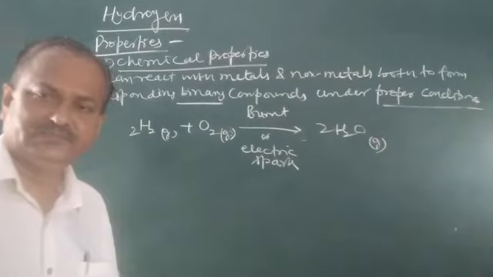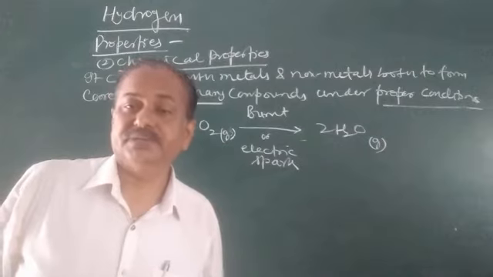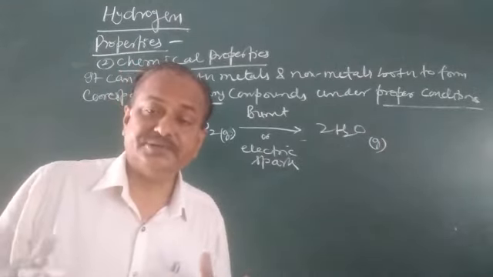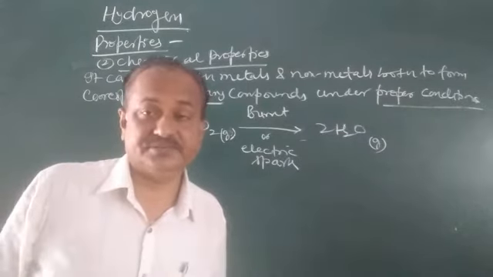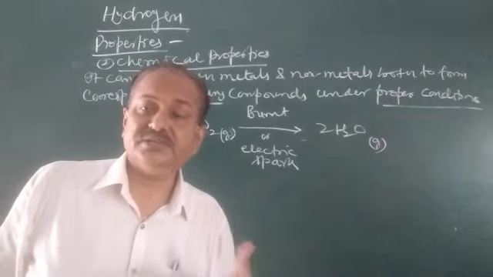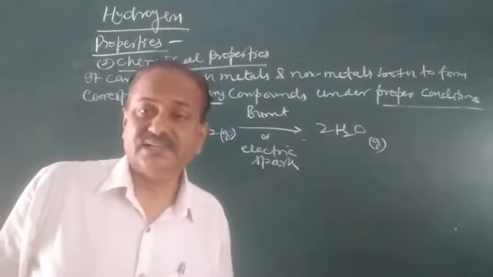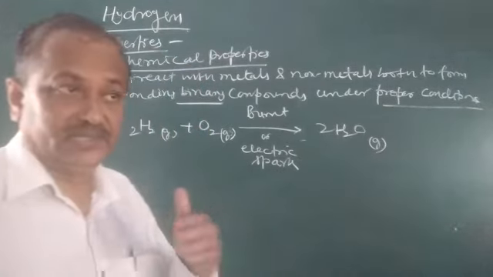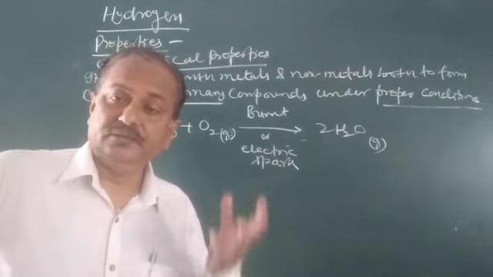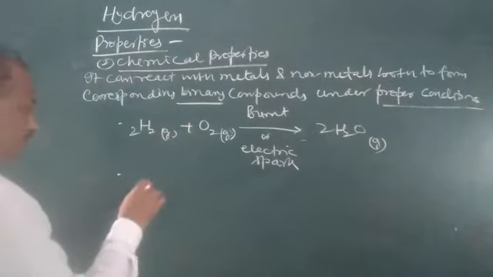You might have seen when we burn any fuel over a flame, at very high temperature we have water vapors. When we start heating something, because the temperature of the vessel is low, there is condensation. By burning LPG, water vapors are formed and, due to the low temperature, they are condensed. So this is very simple.